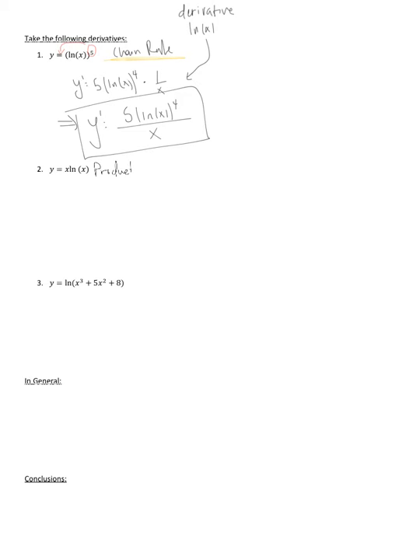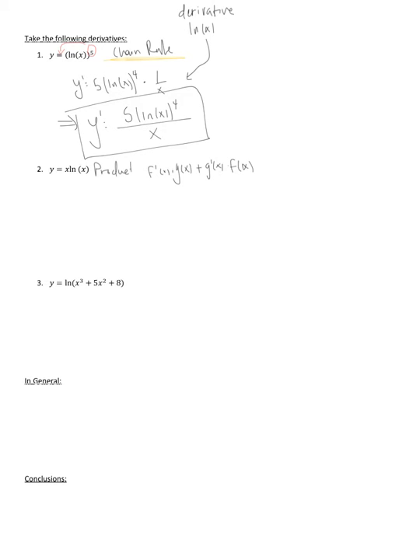This next one is actually going to be a product rule. So let's write the product rule to the side. We're going to have f prime of x times g of x plus g prime of x times f of x. Again, just writing that down so we have it memorized. So let's find all those pieces that we need.